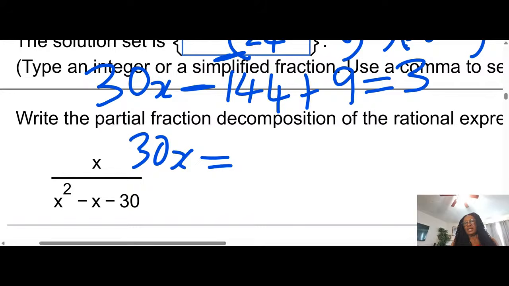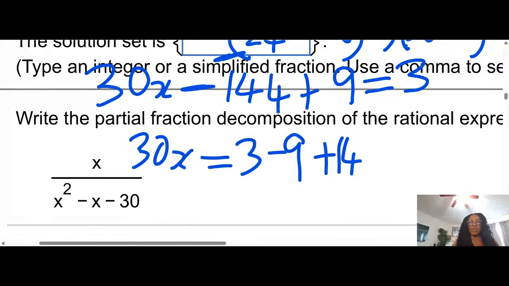Move all the constants to the right. So I have 3 minus 9 because 9 is positive plus 144. And then we can simplify that. You can use your calculator if you have a calculator.